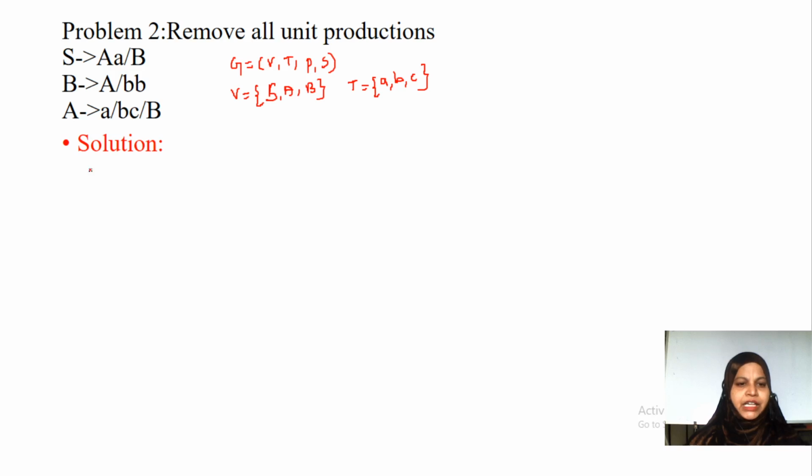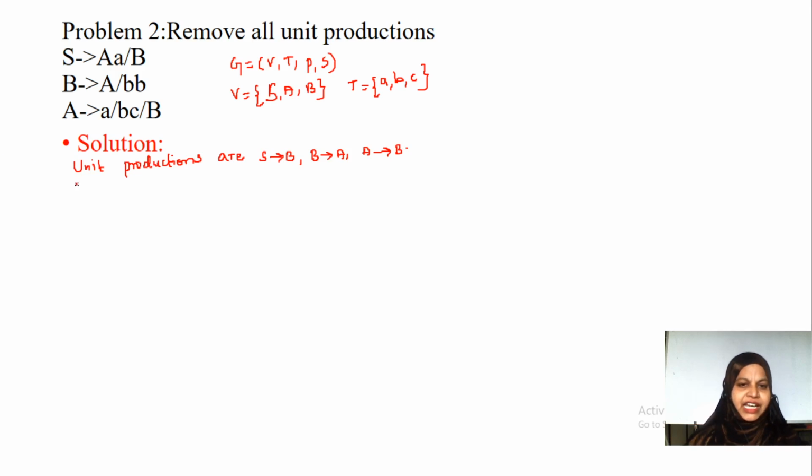Now, in this given grammar, what are the unit productions? S tends to B is one unit production, right? B tends to A is one unit production, and A tends to B is another unit production.